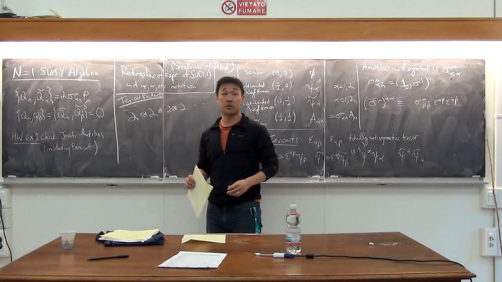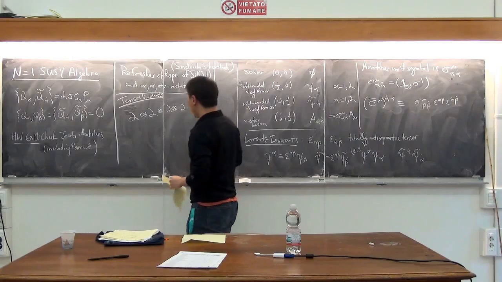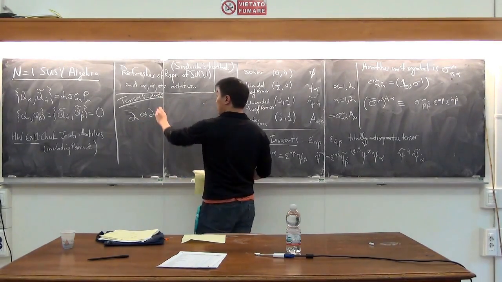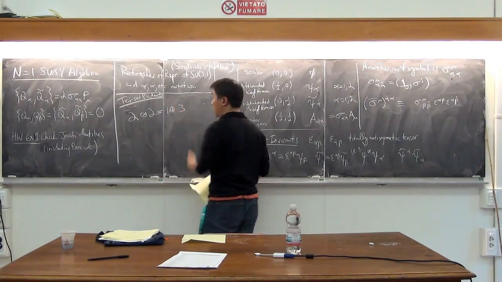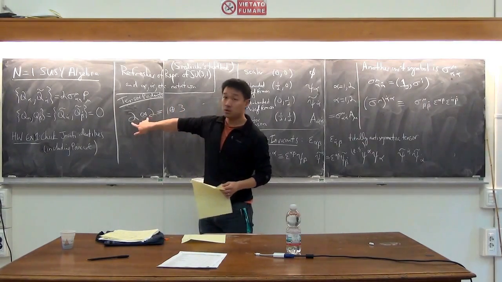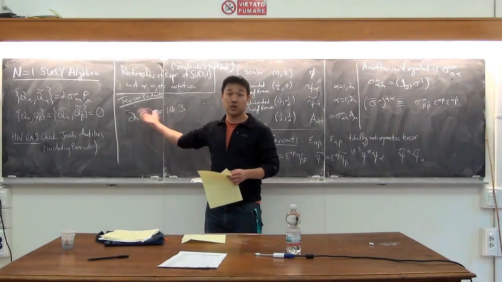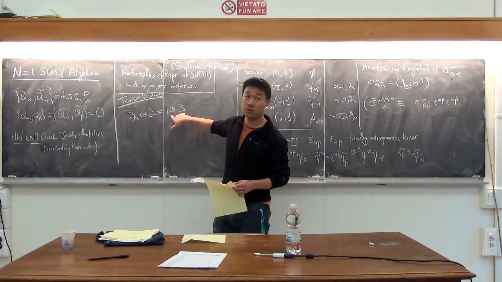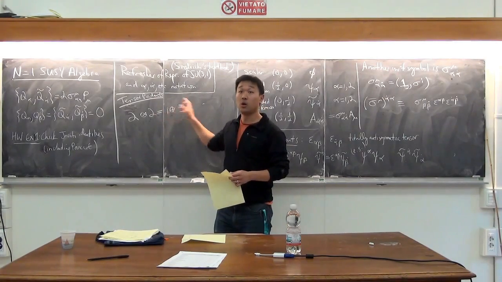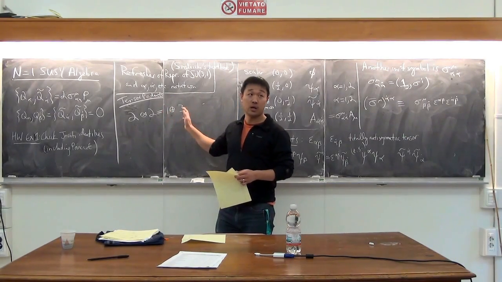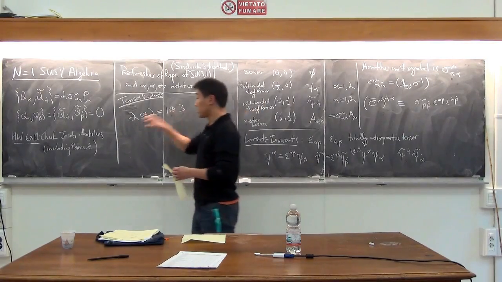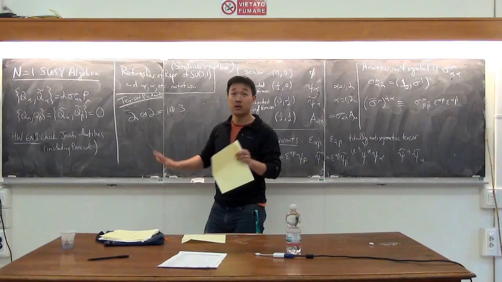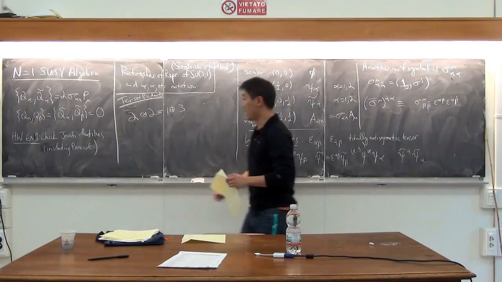So that's a quick way of generating big representations. And so we know that, for instance, if I take 2 times 2, this is equal to 1 plus 3. Okay, so in other words, the tensor product of 2 fundamental representations is not itself irreducible, but it decomposes into irreducible representations. In this case, it decomposes into the singlet representation and the triplet representation. So this is j equals a half, and then this is j equals 0, j equals 1. So we all know that from quantum mechanics, for instance.